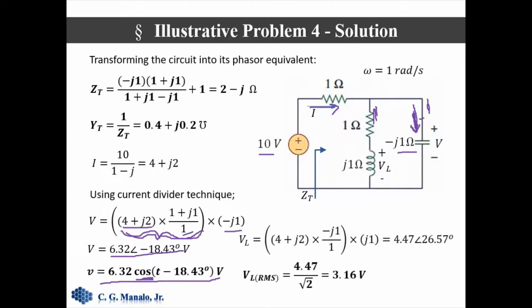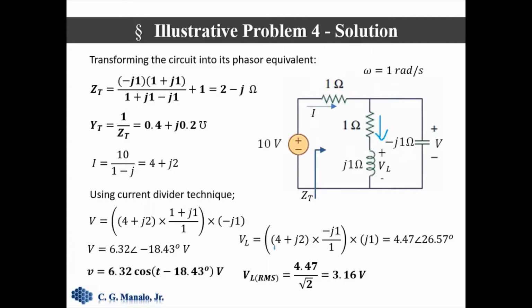Now, how do we compute for the voltage V sub L? That would be the same procedure as how we computed the voltage across the capacitor. That is, we first get the current here in this direction.